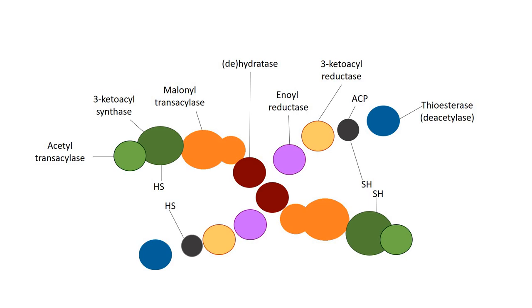Each monomer in fatty acid synthase includes acyl carrier protein. It contains a residue of pantothenic acid with a mercaptan group. Another mercaptan group corresponds to the residue of amino acid cysteine from the ketoacyl synthase subunit.